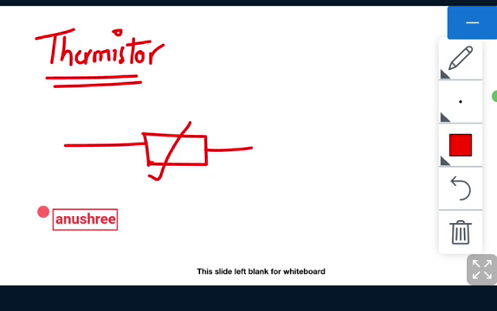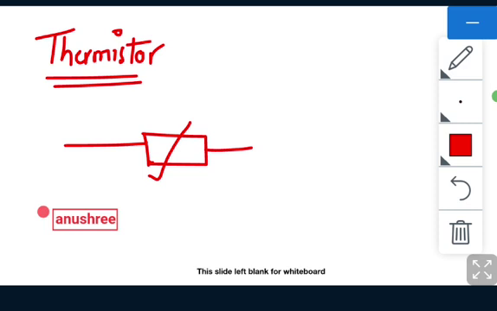The variable resistors are the resistors that change their resistance with the change in... wait, what is it?